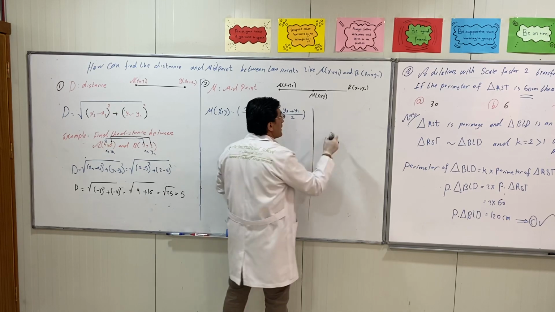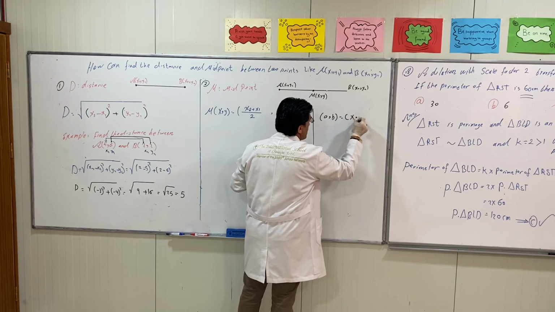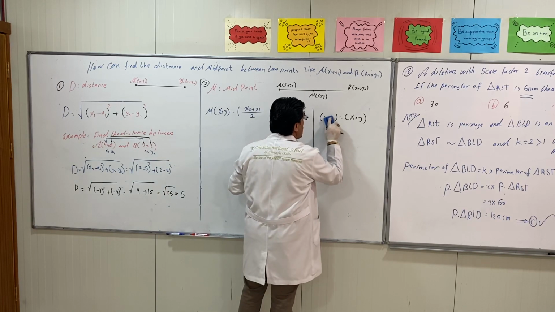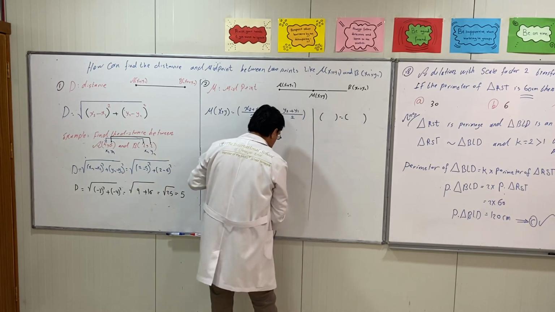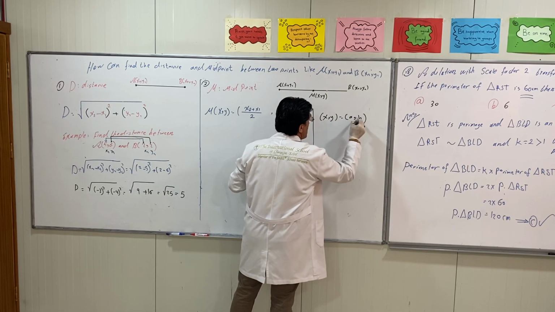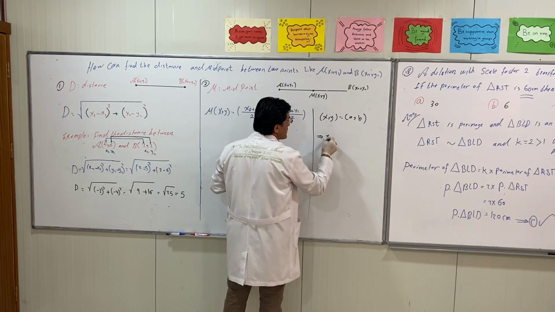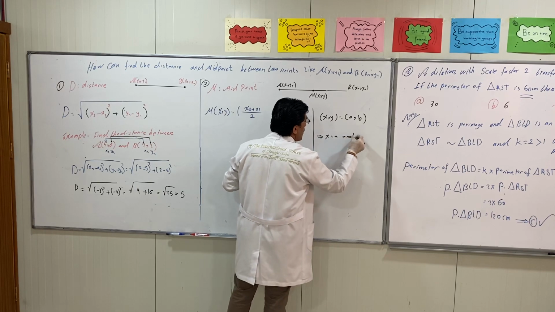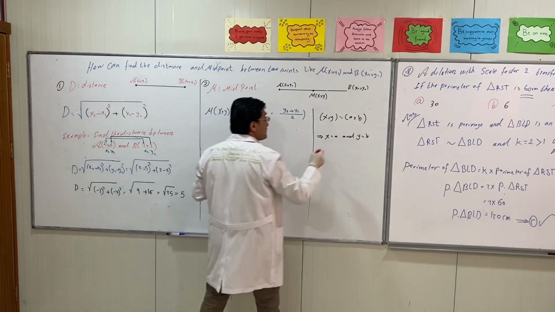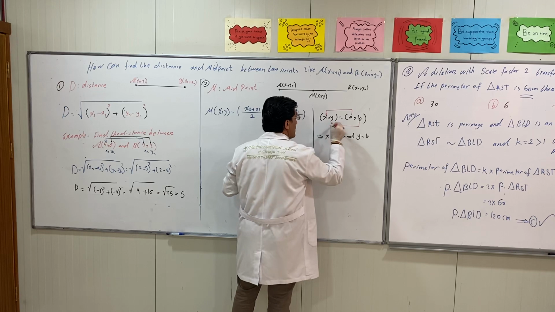If two points are equal, if point A, B equals X, Y, that means X equals A and Y equals B by comparison.